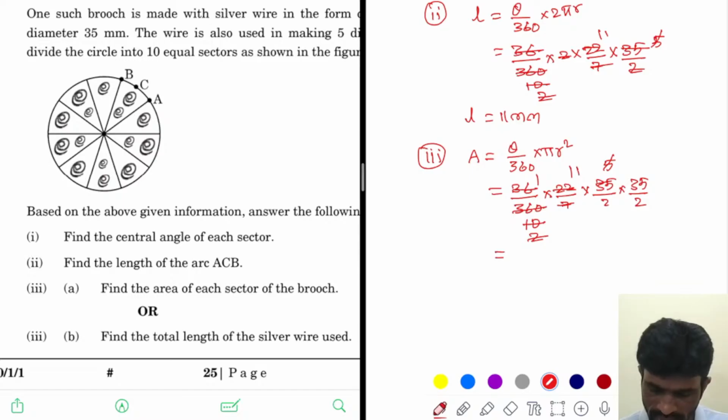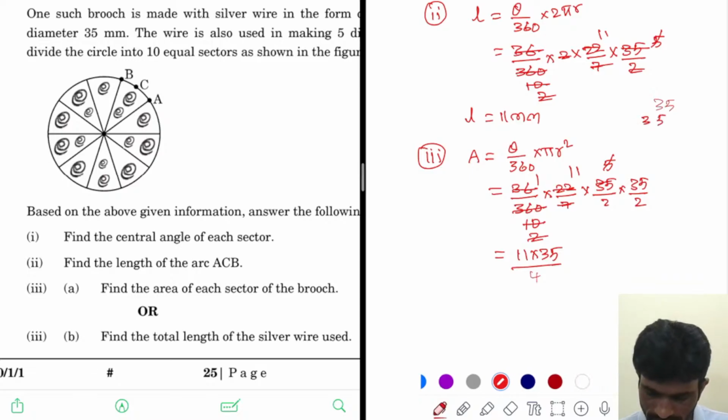So it is going to be 11 into 35 by 4. 35 into 11 is going to be 385 by 4.